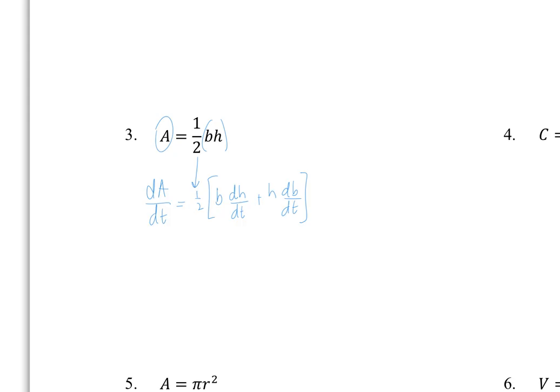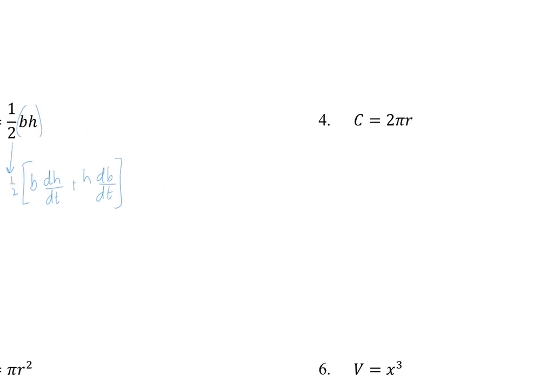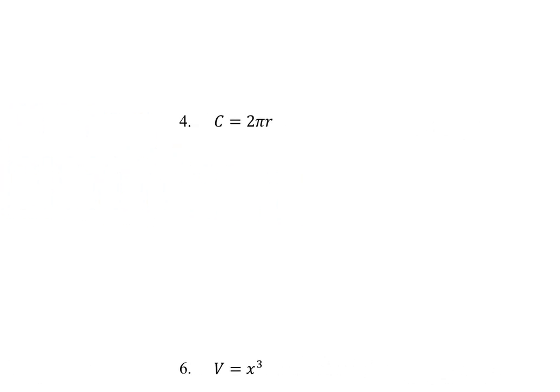Again, all with respect to t. Okay, let's try number 4. Derivative of c with respect to t. Over here, the 2 pi, that's a constant, just bringing that down. And then the derivative of that r is being done with respect to t.